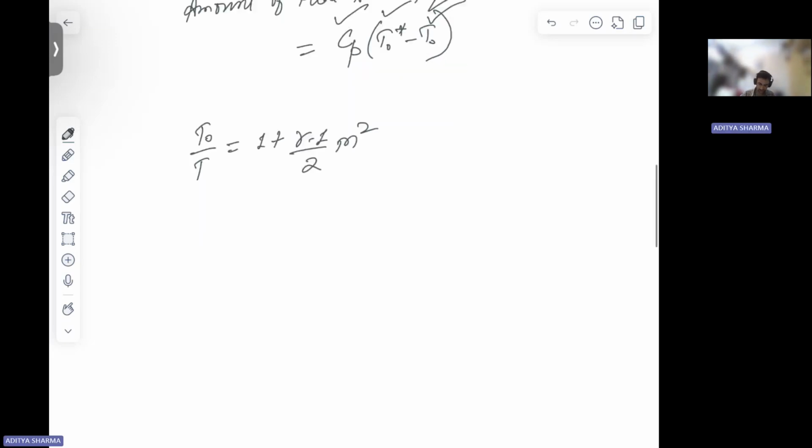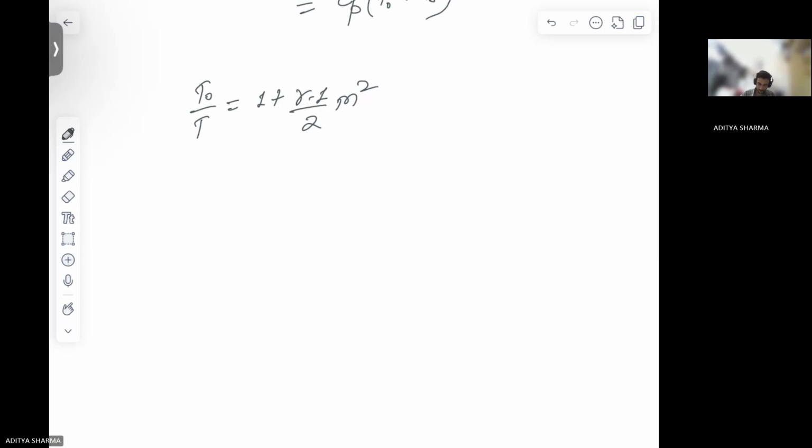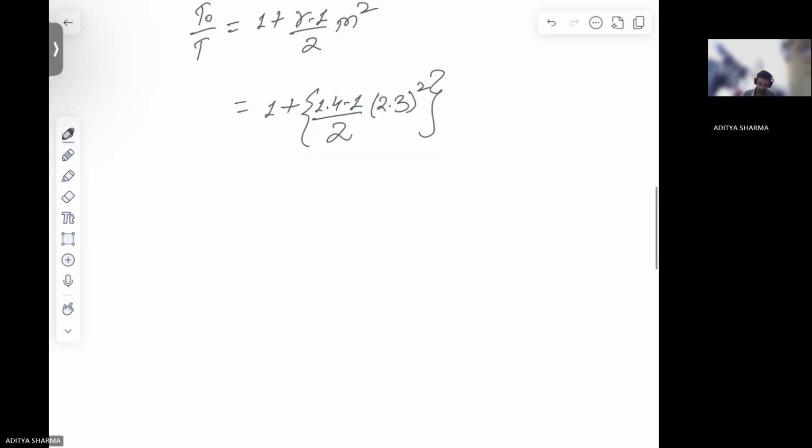So this is equal to 1 plus (1.4 minus 1) by 2, that is 1 plus 0.2, times 2.3 square. Now calculate this.